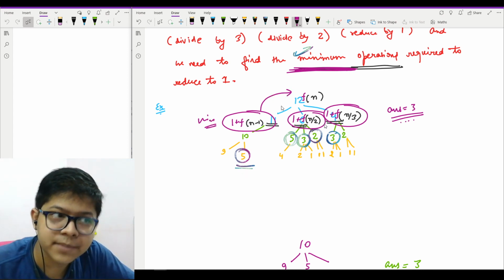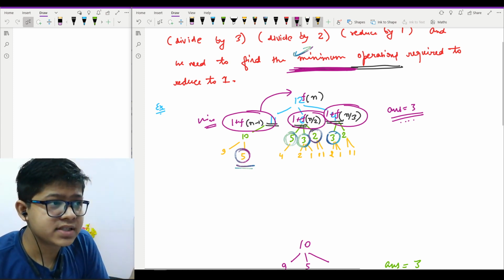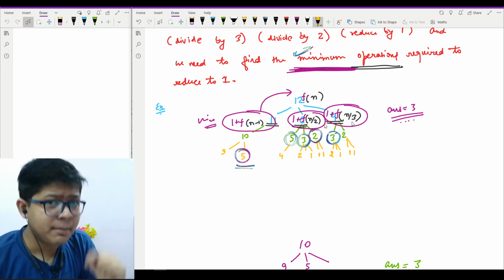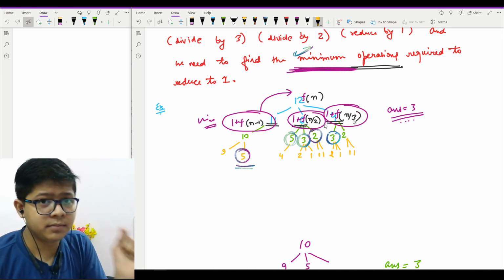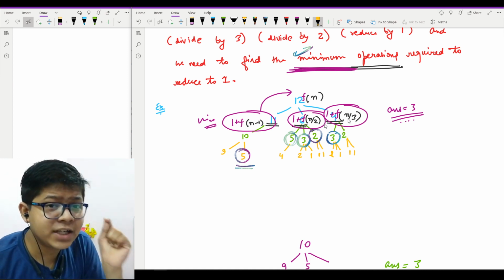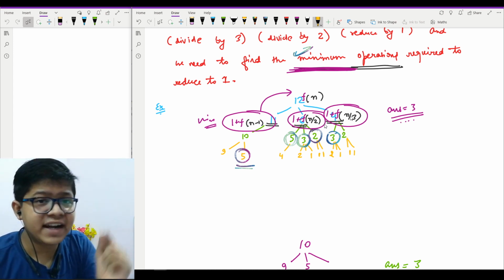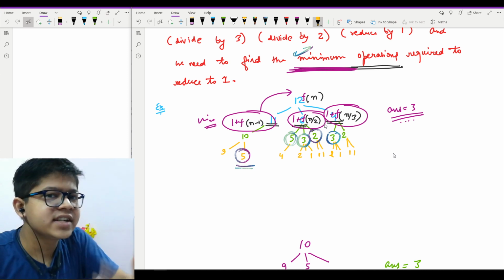Now one thing which should strike your mind up till now is that here I did n by 2, here I did n by 3, but I clearly stated in the options that I can divide that number by 2 and 3 only when it is possible to divide by 2 and 3. So how will my recursive states look like?